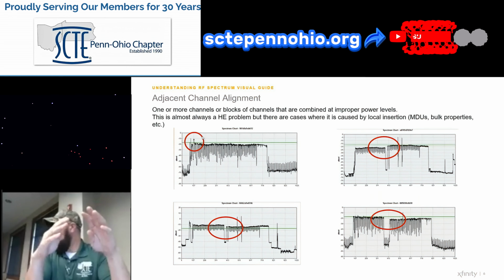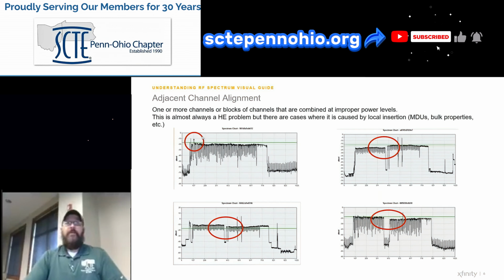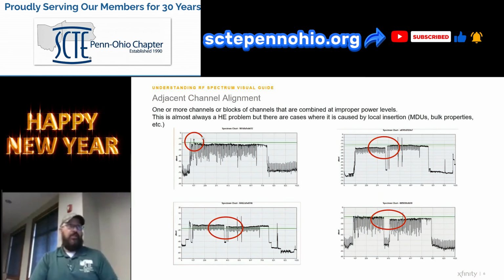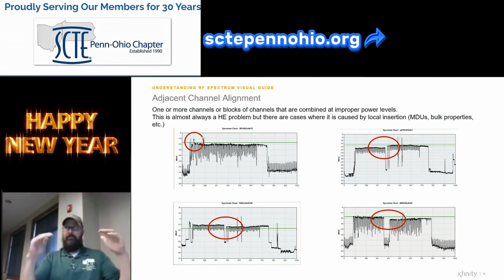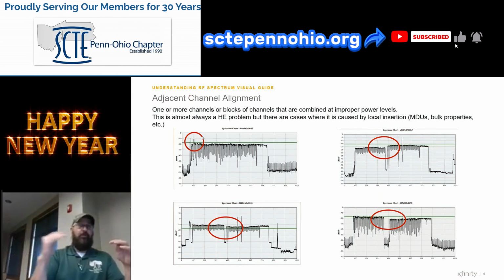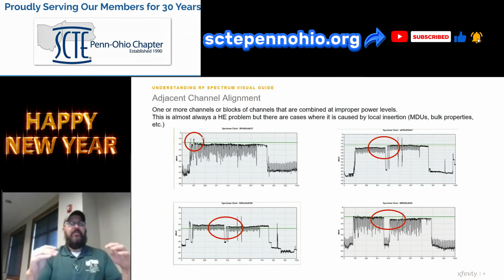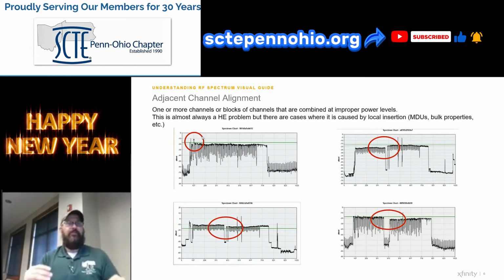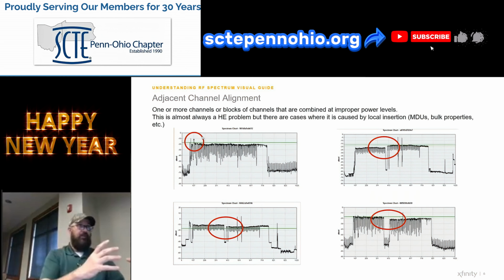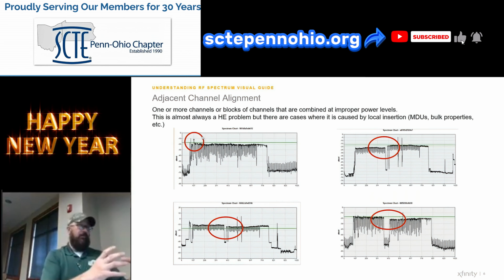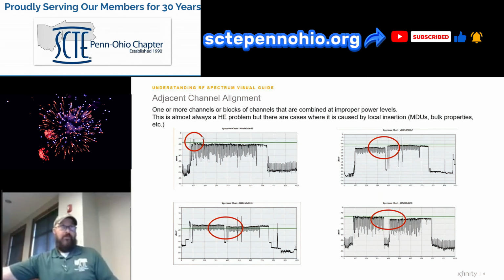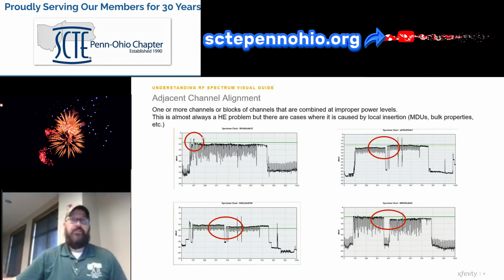So they'll have a digital insertion with a modulated channel from their cameras and then insert it into our lineup. If that power isn't matched to the insertion point power at the combiner, then you'll have that adjacent channel alignment. So that's a quick indicator that, hey, if all of the modems in this apartment complex or MDU have this one channel sticking out, but the neighbors outside of there don't, well, it's a local insertion issue.